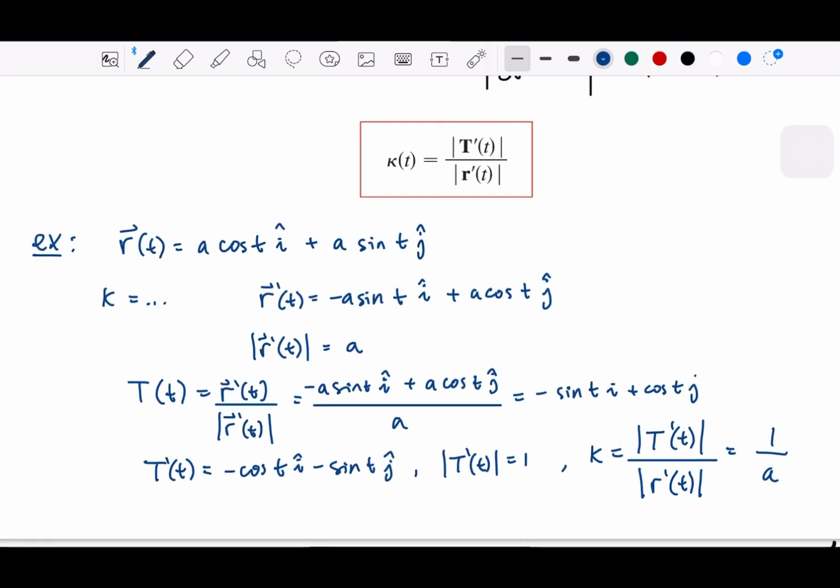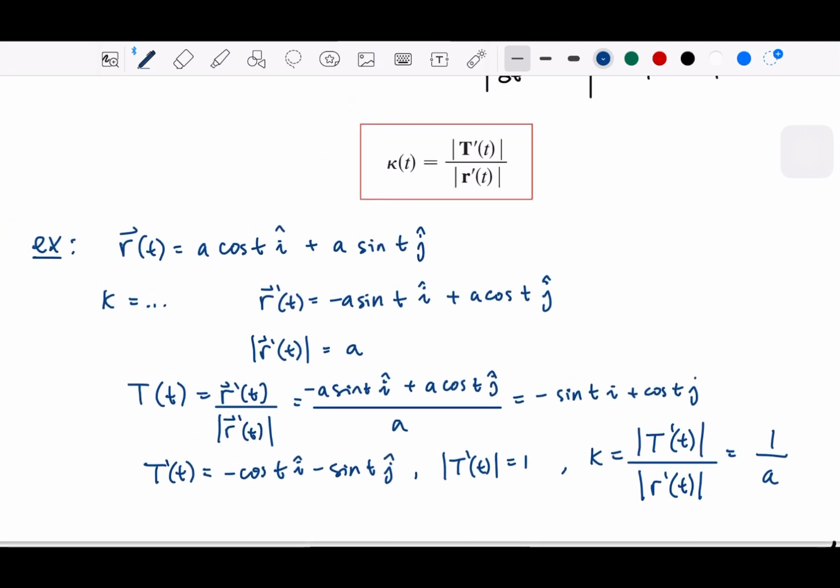So the curvature for a circle is 1 over a. So it means that if we have a circle with radius a, the curvature is 1 over a.